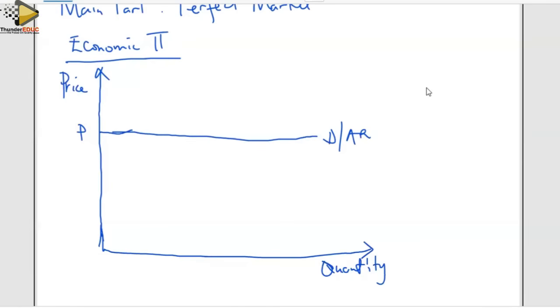What is going to happen to our average cost? For us to make economic profits, our average cost must drop below the level of the average revenue. This is the shape of our average cost. And always remember that our marginal cost is going to cut the average cost at its lowest point.